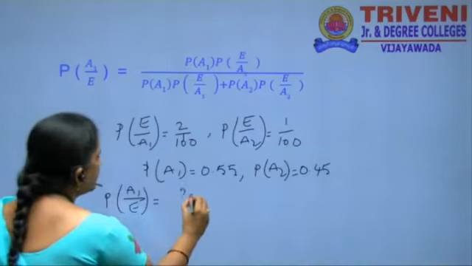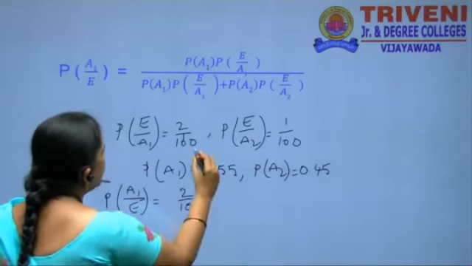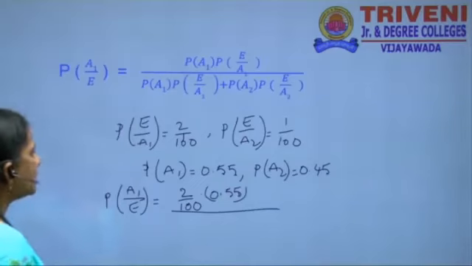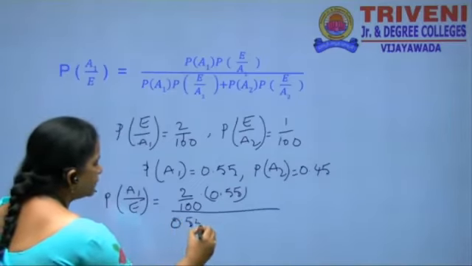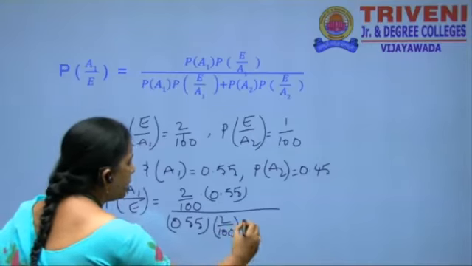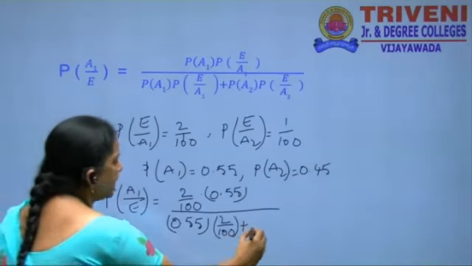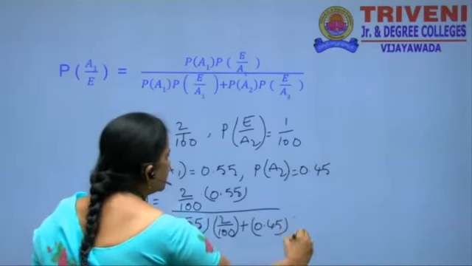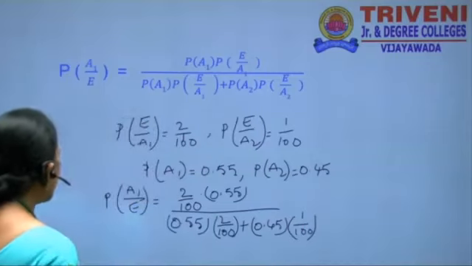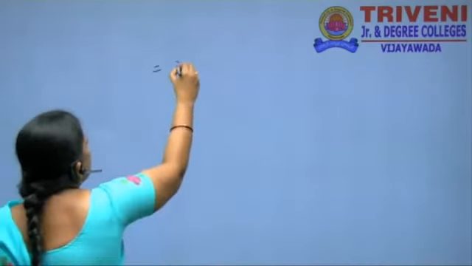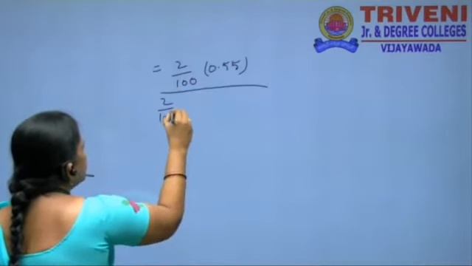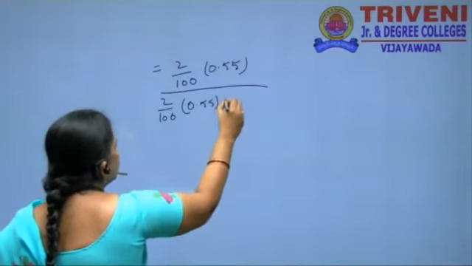That is, P of A1 into P of E by A1, which is 0.55 into 2 by 100, divided by 0.55 into 2 by 100 plus P of A2, which is 0.45, into P of E by A2, which is 1 by 100. Then simplify here.